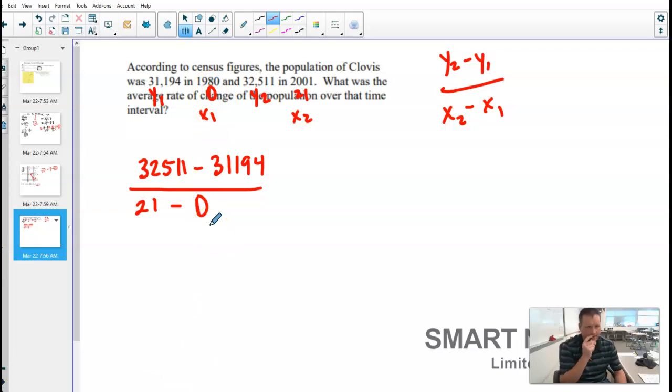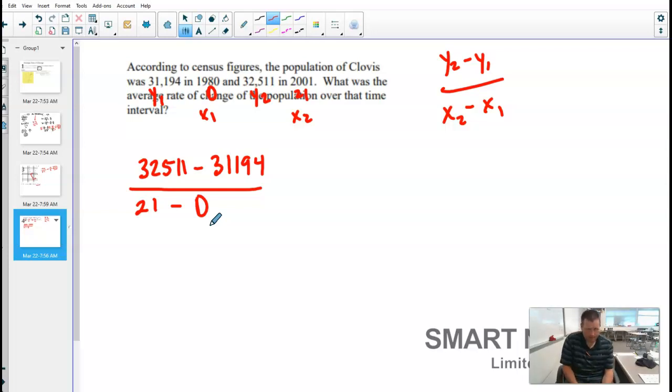Okay, and then I just need to subtract those values, so let me do that really quick. I need to subtract my numerator first. So we are going 32,511 minus 31,194.